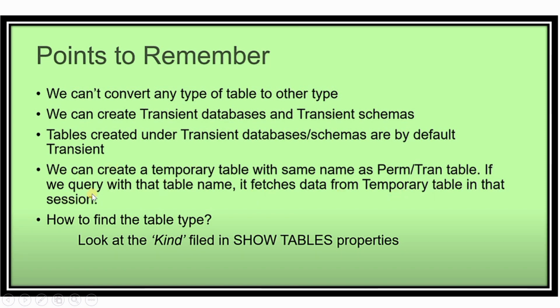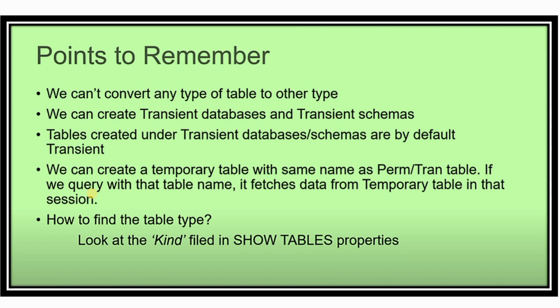So whenever we query that table in that session, we will get the data from the temporary table only. We will not be able to access the permanent table. If you want to access the permanent table, then you have to move to another session and you can access it from there.